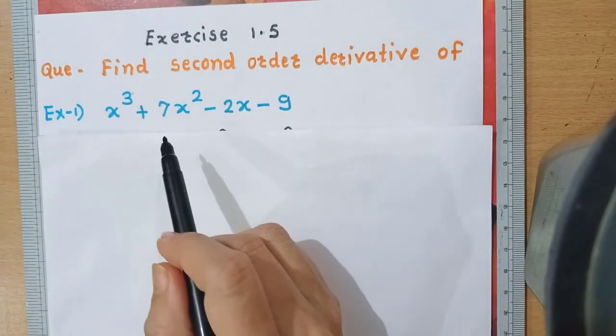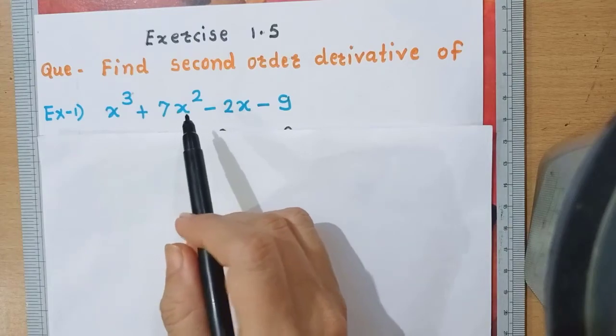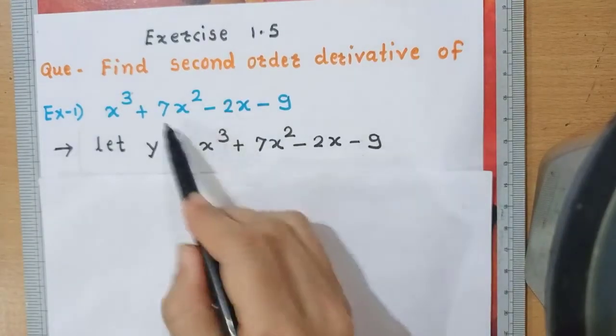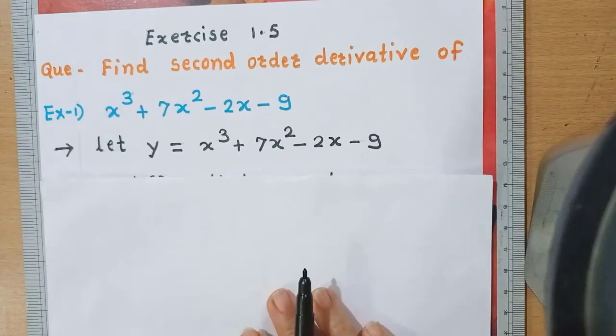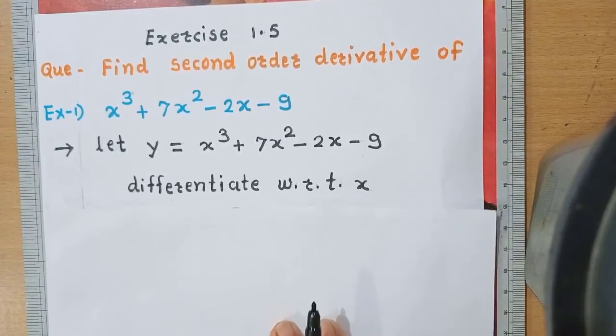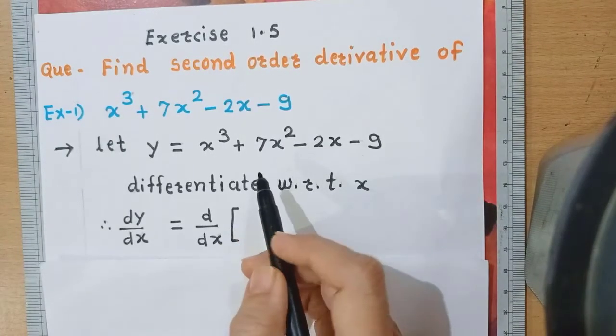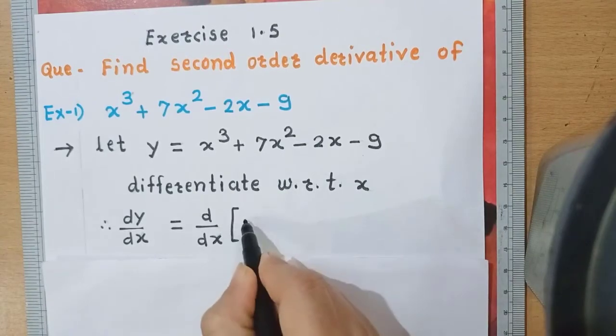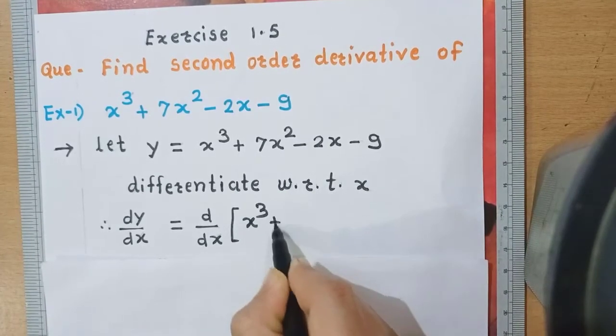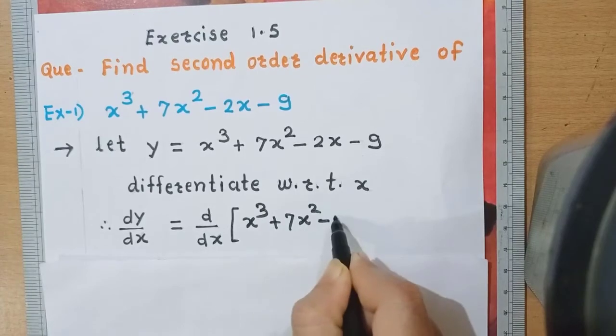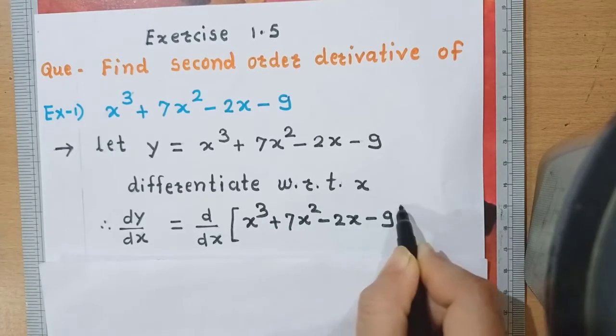As usual, our first step is let y is equal to the given function, and then differentiating with respect to x, we have dy by dx is equal to d by dx of x cube plus 7x square minus 2x minus 9.